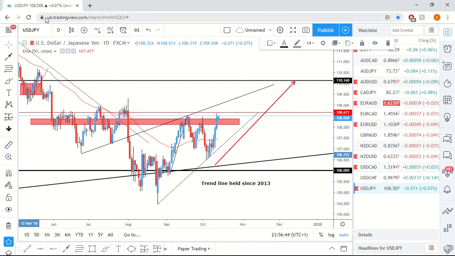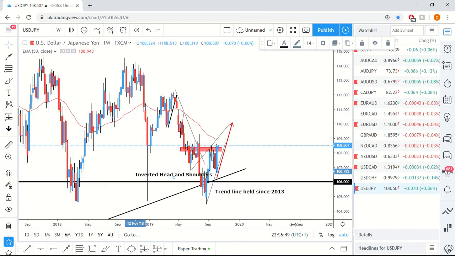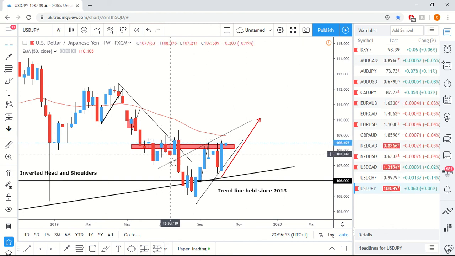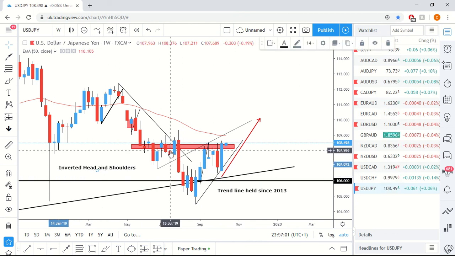We have got this trend line here that has held since 2013. If we go to the weekly, it's a bit clearer, and we can see the head and shoulders more clearly as well. Left shoulder here, head, right shoulder, and then we can see a break above this liquidity area, which will be quite interesting, to see whether the price will push higher.